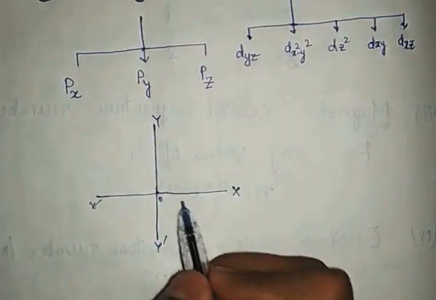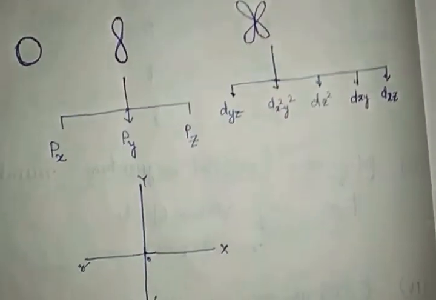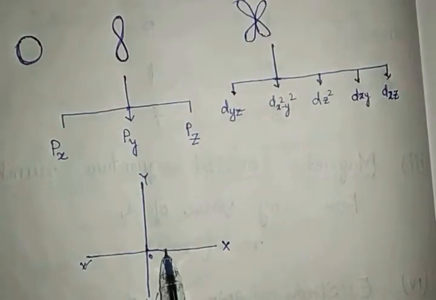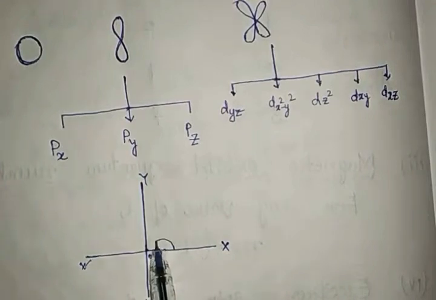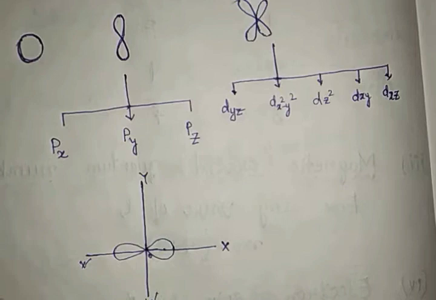The shape of the p orbital is dumbbell shape, and for px, the orientation will be along the x-axis, this way.